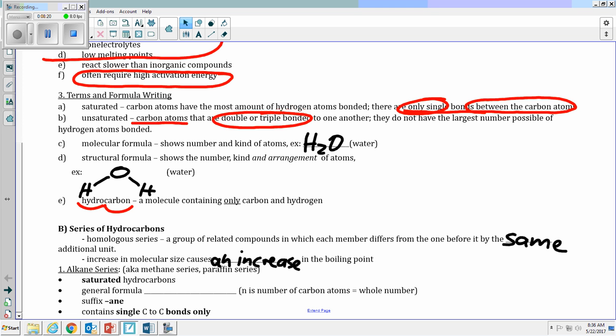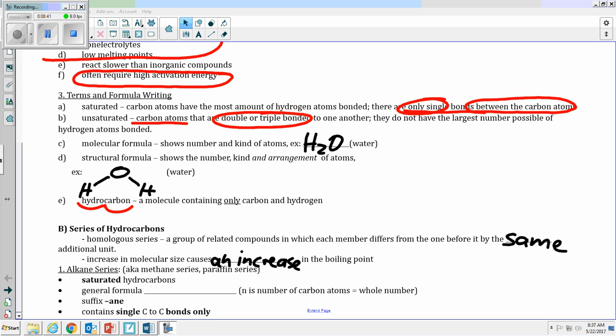All the bonds in these saturated hydrocarbons will end up being single bonds. You'll find information about 3 different series of hydrocarbons in your reference table. To be precise, in reference table Q.